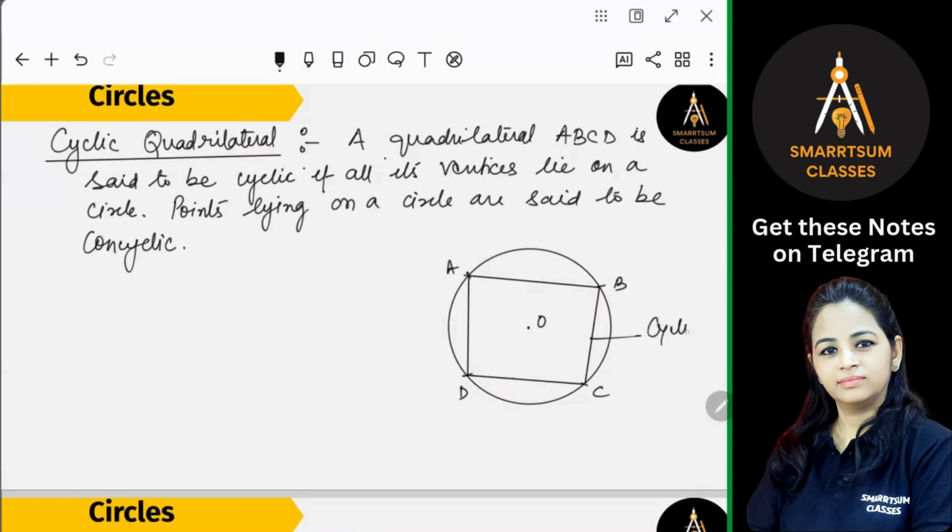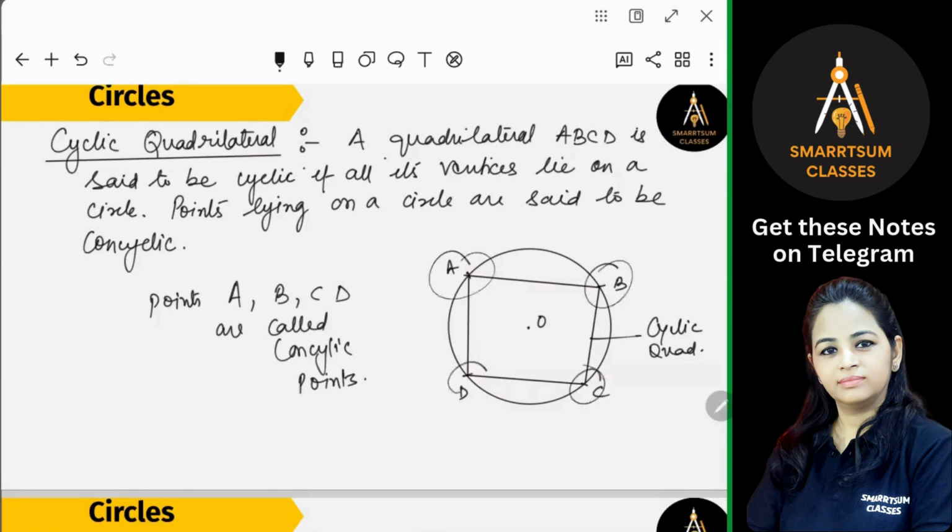Is that clear? Why is this a cyclic quadrilateral? Because all its vertices lie on the circle. And the points A, B, C, D are called concyclic points. So these points A, B, C, D are concyclic because all of them lie on the same circle.